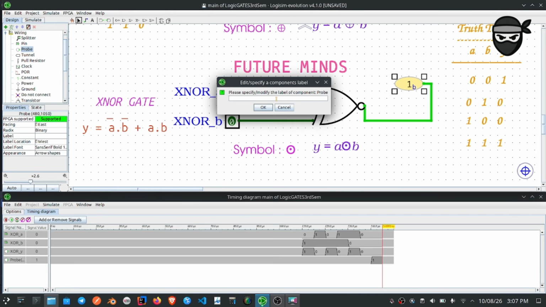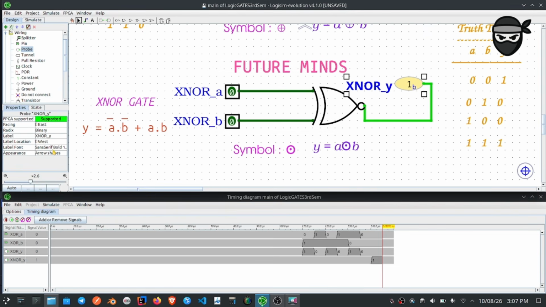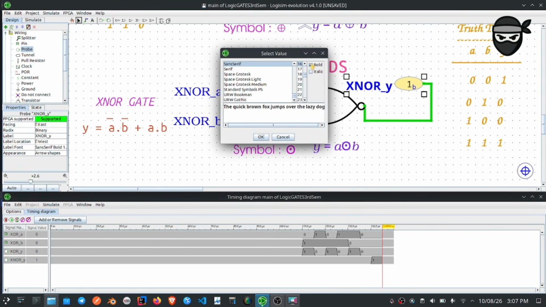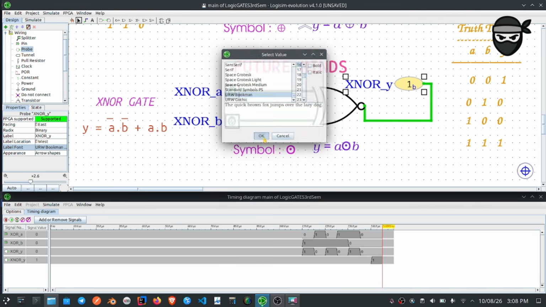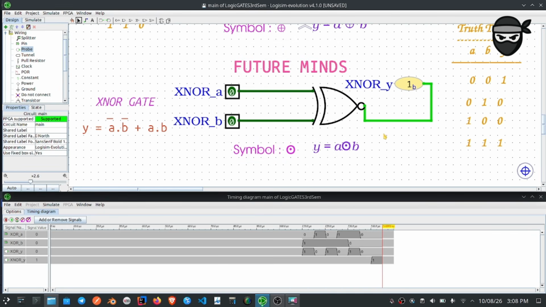Let's label the probe as XNOR Y. So you can see the notation for the XNOR gate is complement of A dot complement of B plus A dot B.